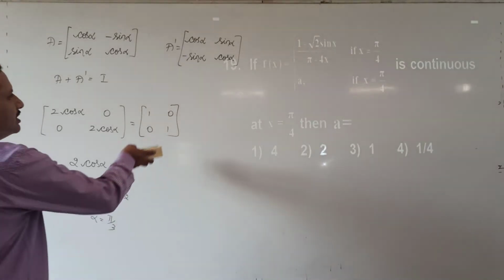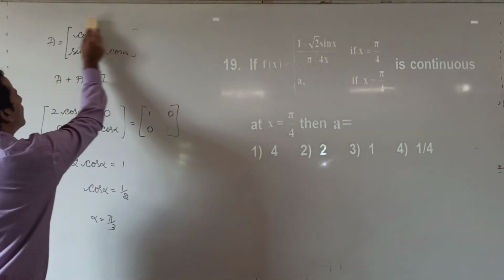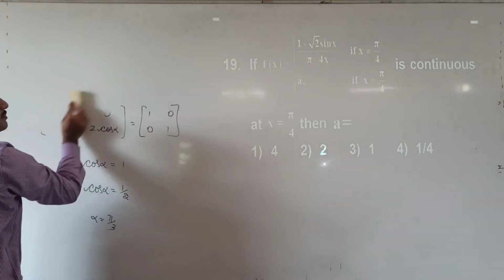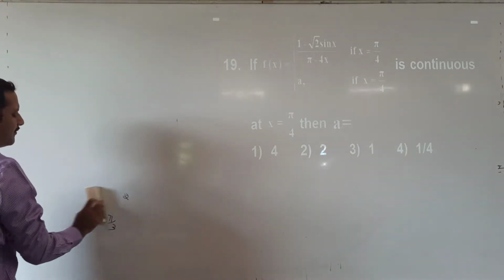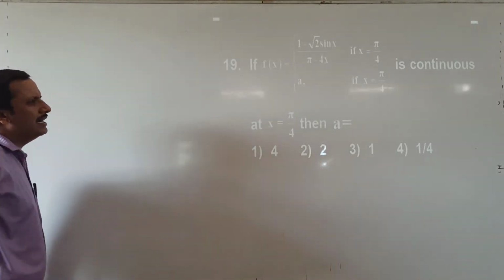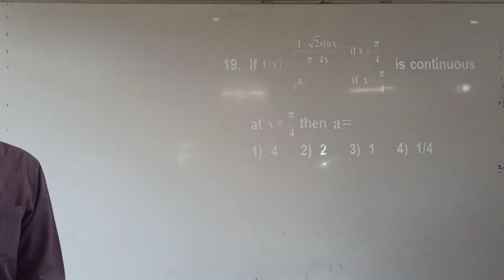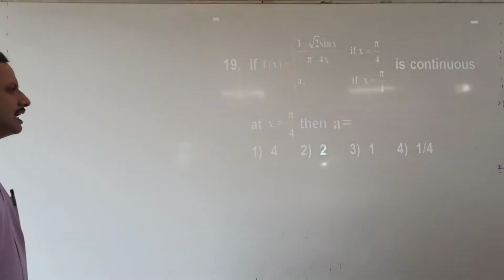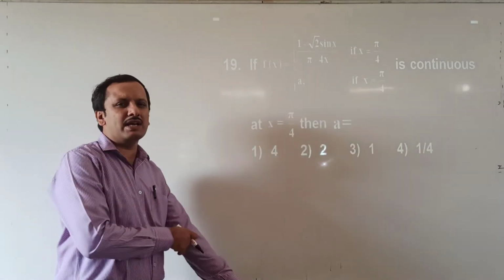Then 19th question. If f of x is equal to 1 minus root 2 sin x by pi minus 4x, if x is not equal to pi by 4, and it is a if x is equal to pi by 4, is continuous at x equal to pi by 4, then what is a?